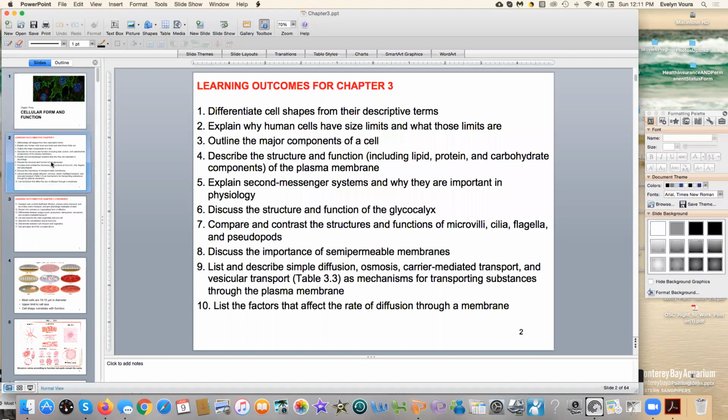These are your learning outcomes. Again, take a look at these. This table 3.3, this is referring to the course textbook as per Dr. Tice. If you don't have it, it's okay. You'll need it for AMP2. As far as I know, I'm not teaching AMP2. So make sure eventually you do get that, but this is what this is referring to.